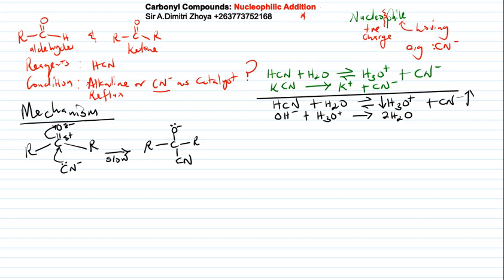Then in this stage, let's say we are under alkaline condition. We get the proton from water, because this hydrogen is electron deficient and oxygen is more electronegative.